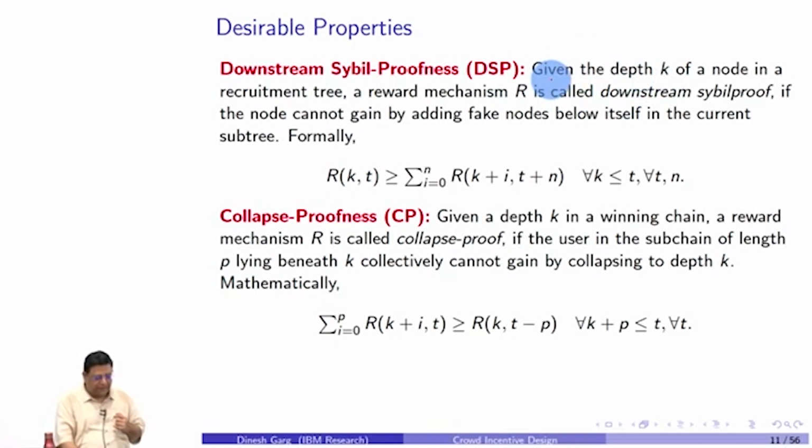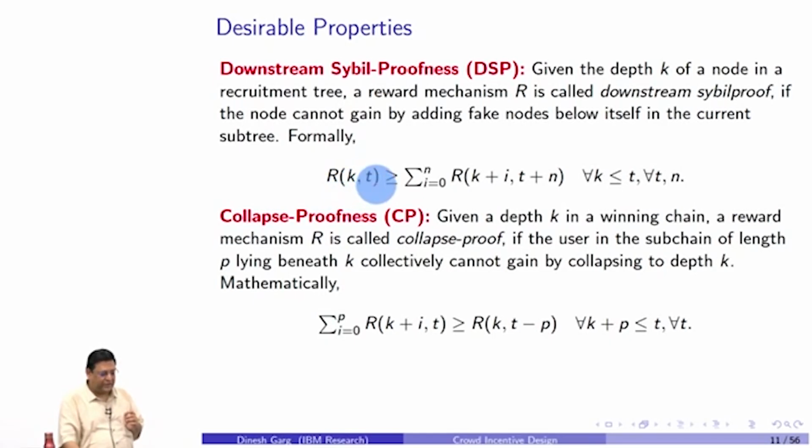It reads in the following manner: given the depth k of a node in a recruitment tree, a reward mechanism R is called downward Sibyl proof if the node cannot gain by adding fake nodes below itself in the current subtree. This is essentially what we discussed. So if R is my reward mechanism, it looks at two numbers, the two input parameters.